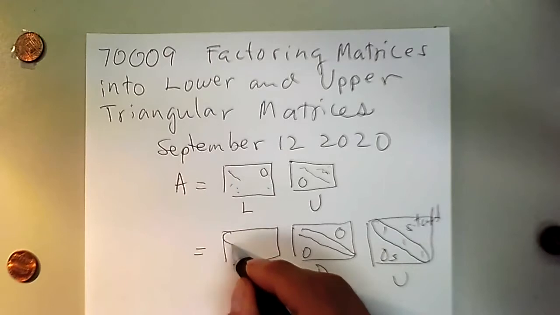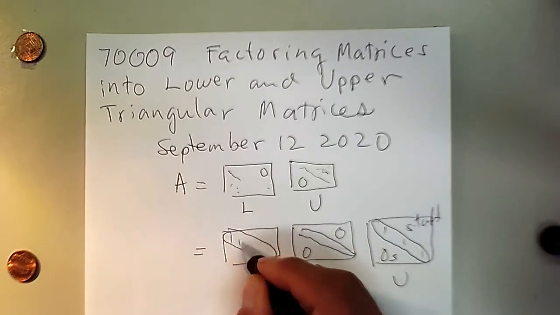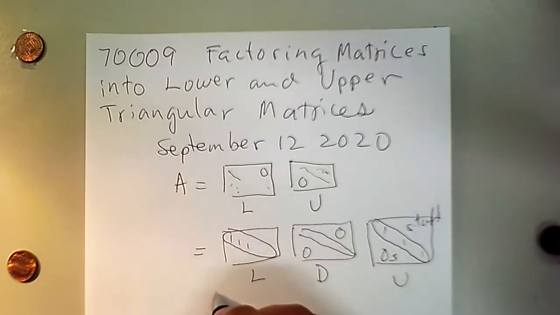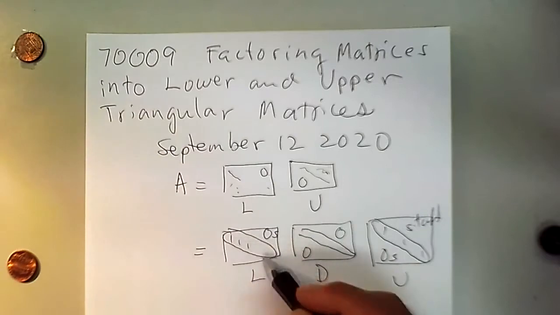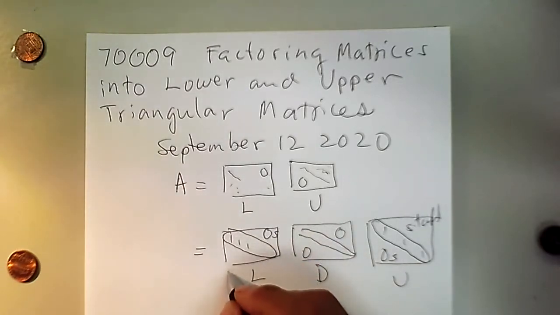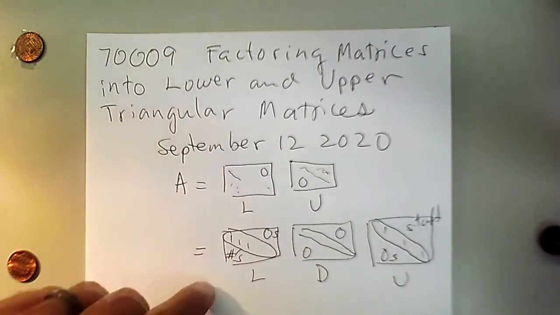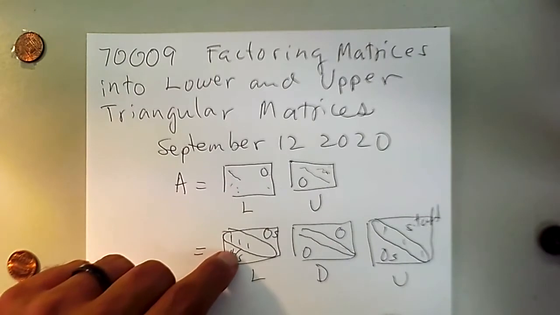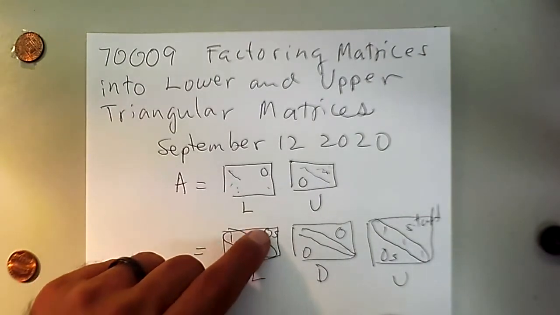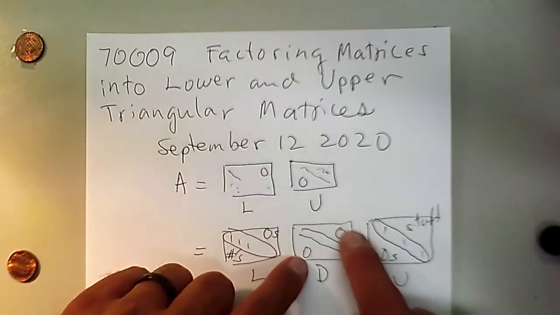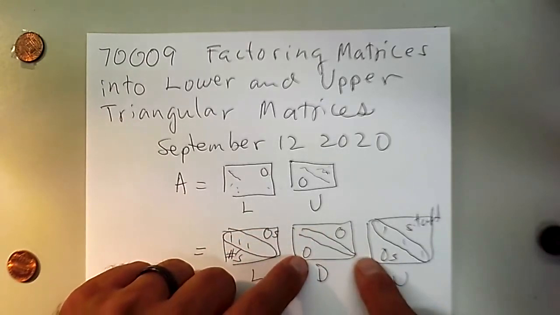And then we're going to have ones there on the lower one, zeros on the entries above the main diagonal, and some numbers on the lower part. Some of them may be zeros, ones for sure on the diagonal.